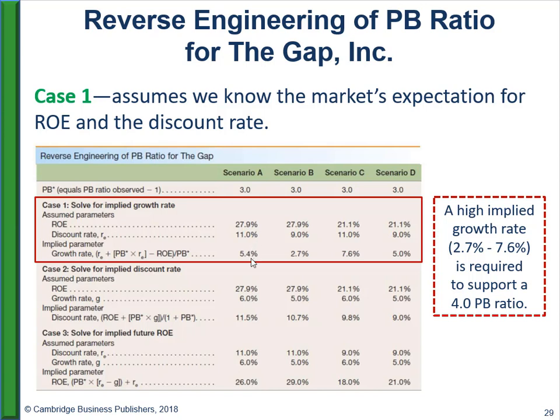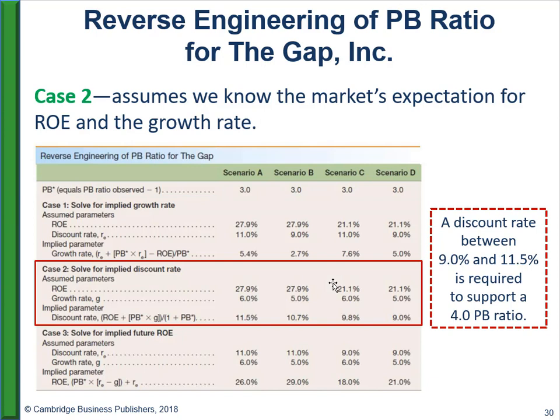So we can see here that the implied growth rate necessary to substantiate or support or validate the observed price to book multiple ranges from 5.4 to 2.7 to 7.6, depending on the breakdown of ROE and the discount rate that we're using. But the basic relation between those two components is that a high growth rate will substantiate a higher price to book ratio, and a lower growth rate would validate a lower price to book ratio.